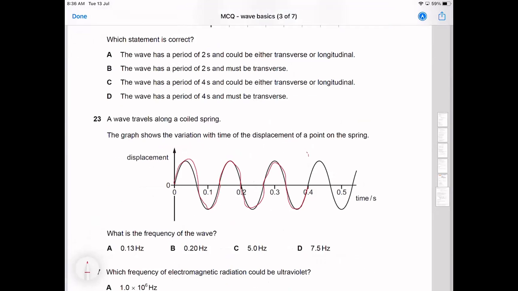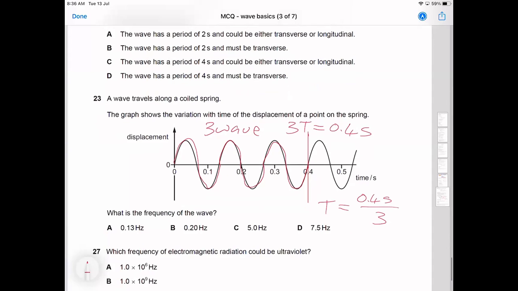If I count that as 3 complete waves, I can say that 3T is equal to 0.4 seconds. And then you can work out T for one wave. So the period for one wave is 0.4 seconds over 3. And then you have frequency is equal to 1 over T.